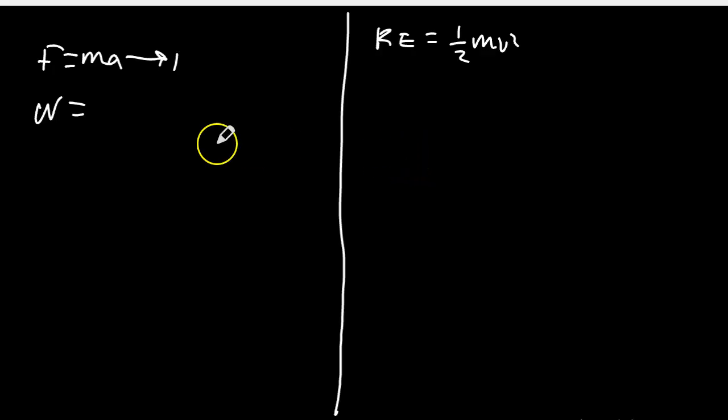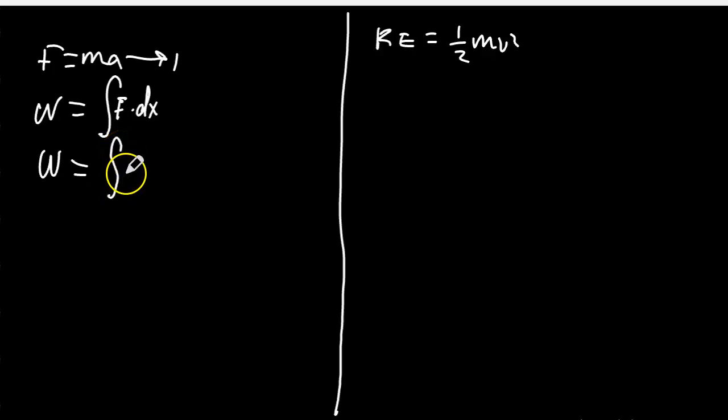So if we want to start from the second law of motion, we integrate the work done. The integral of the force with respect to x, F dx, and we know F is equal to ma, so the work done is the integral of ma dx. Call this equation 2.